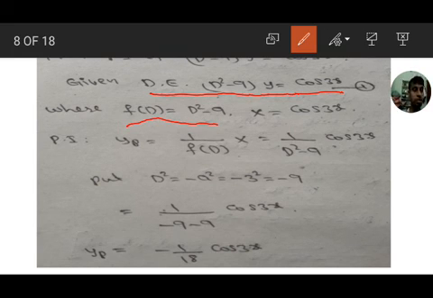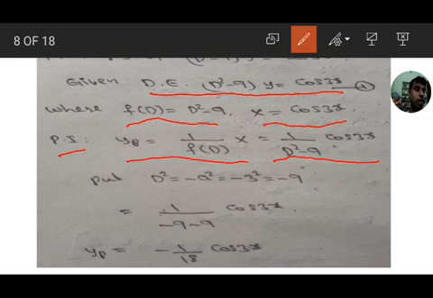So compare the equation with the standard form f of D of y equal to capital X. We get f of D equal to D square minus 9 and capital X equal to cos 3x. So particular integral yp equal to 1 by f of D on capital X. So 1 by D square minus 9 cos 3x.